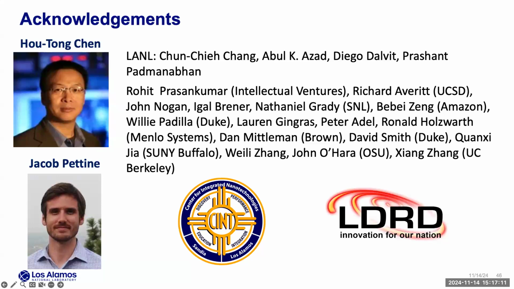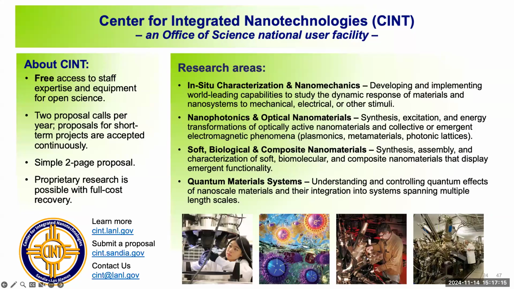My final slide is just an advertisement, or information, on the Center for Integrated Nanotechnologies. This is an Office of Science user facility basically dedicated to nanomaterials research. It is a place where you can access fabrication, characterization, and theory through user proposals.